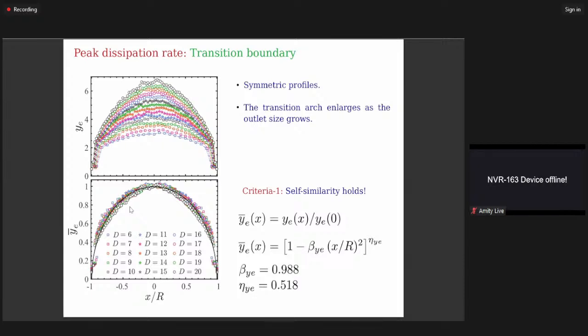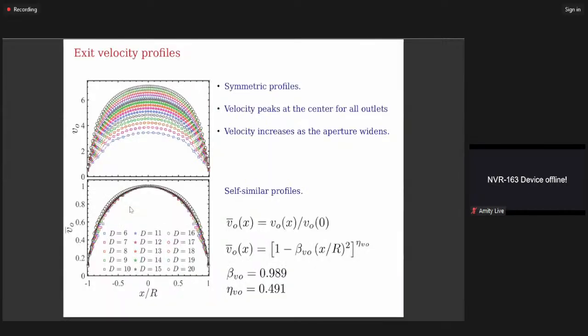So this says that the self-similarity holds. Again, going back to the exit velocity profiles, which are shown here for 15 outlet sizes, when we scale them with their value at the center, they all collapse. This was shown by the Spanish group in 2012 in their study.